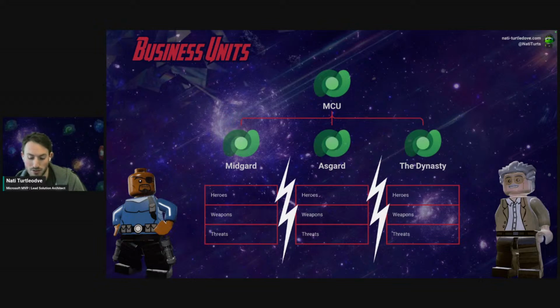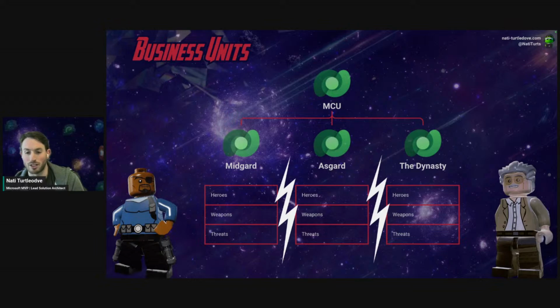Based on the business unit that a user falls under, say a user falls under the Midgard business unit and they create a record, the record within the heroes table would then be assigned and owned by the Midgard business unit. So if we look at a record created by a user within Midgard and we look at the owning business unit column for that record in that table, you'll see it's going to be Midgard. So we're not necessarily creating data in different tables, but we're assigning to different areas of a company based on business unit segmentation.